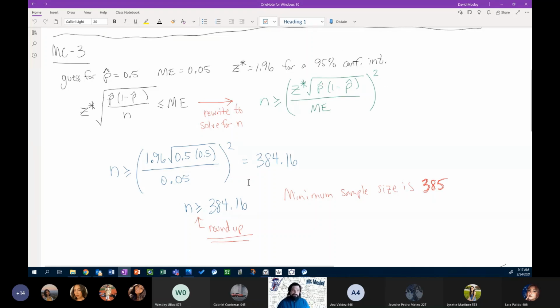So we'll put in all the values we have, right? And we get 384.16. Because n must be greater than or equal to 384.16, we will round up to 385. We cannot round down in this case, even though we're closer to 384. Rounding down is not an option because of that greater than or equal to sign.